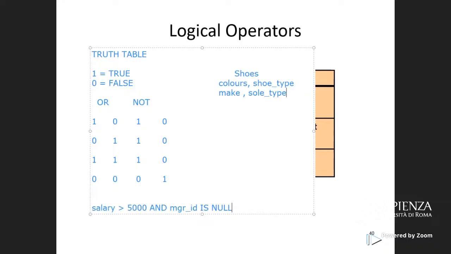So let's say you are looking for a shoe, and then you want the color now. This is the way you make decisions, actually. So you can see how this ties into what you do in your daily lives. So you want a shoe whose color is red. And then you want it to have a flat sole type.